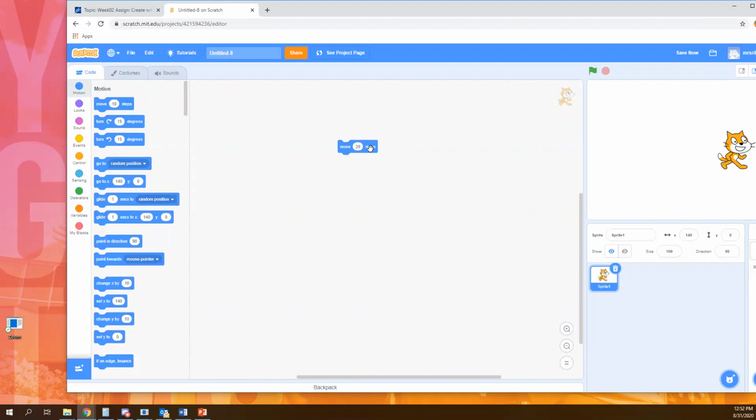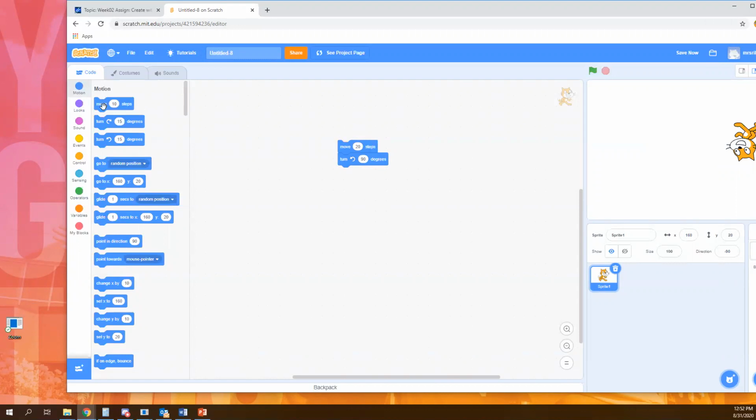Now, I'd like for him to go ahead and maybe turn. So I'll say that I want him to turn 90 degrees. So now, every time I click on it, since my blocks are connected, it's doing both actions. He's moving and turning.